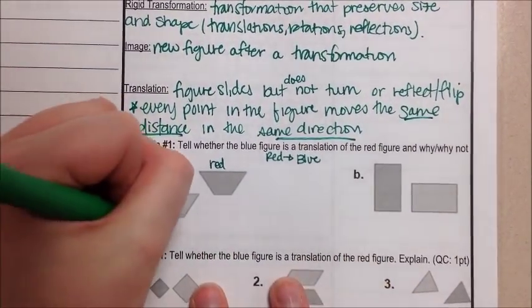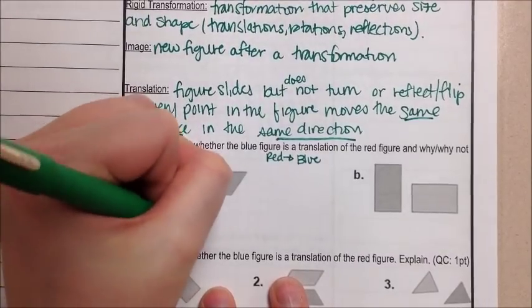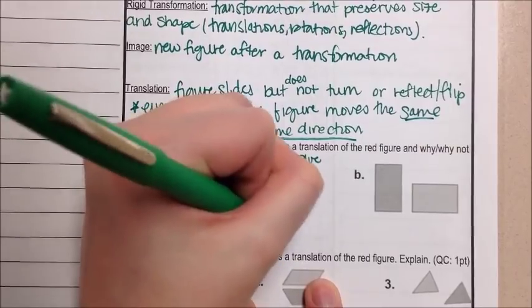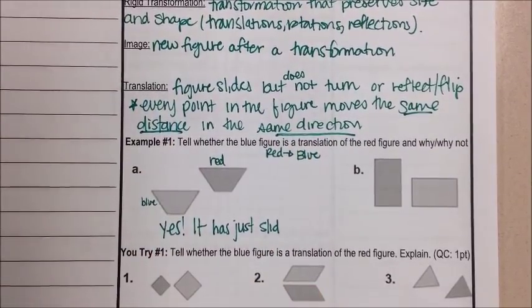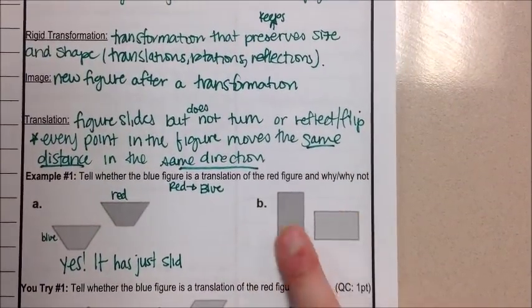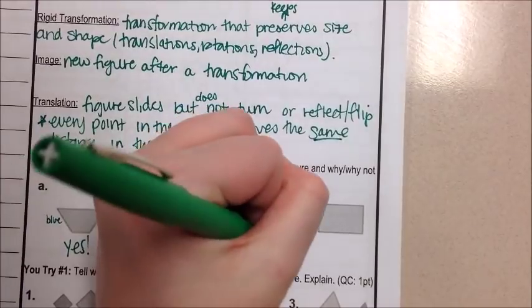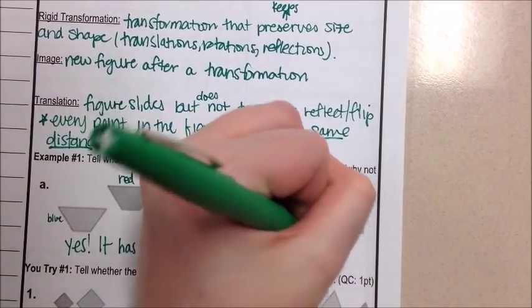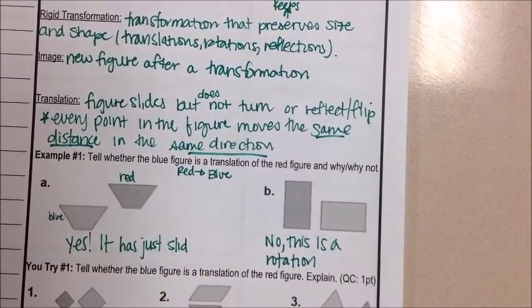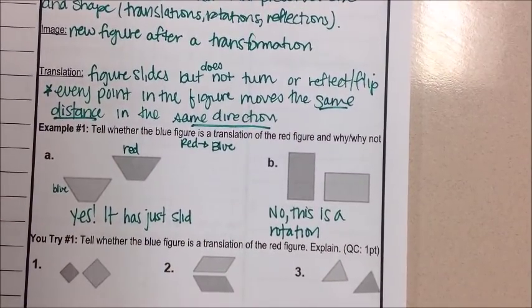Yeah, so this is yes. It has just slid. Slided is not a word. Slid. B, if you look, going from here to here, I had to rotate. So no, this is a rotation. We don't want rotations, just translations.